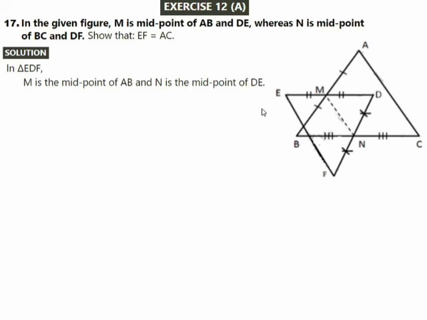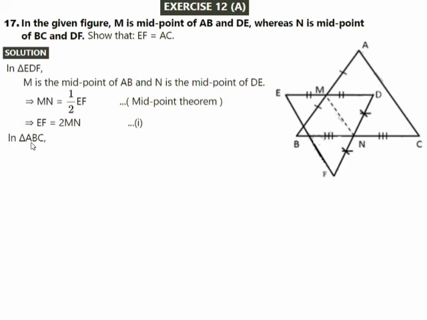Okay, so that means since M is the midpoint of this and N is the midpoint of this, MN must be parallel to EF, and this MN will be half of EF using midpoint theorem. So from here, by cross multiplication, you get EF equals 2 times MN.